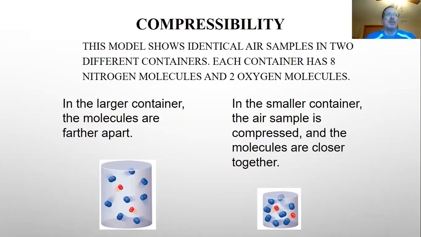Those particles will spread out evenly to take up all the space that's available in whatever container they are in: the room of your house, the inside of your car, whatever it might be. So you can see in the smaller container, the air sample is compressed and the molecules are closer together. It's not changing the amount of the gas, but it is changing the pressure to some extent. You have the same molecules, just in a smaller container.